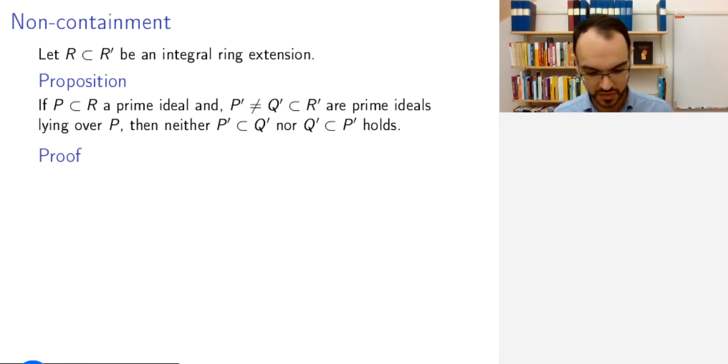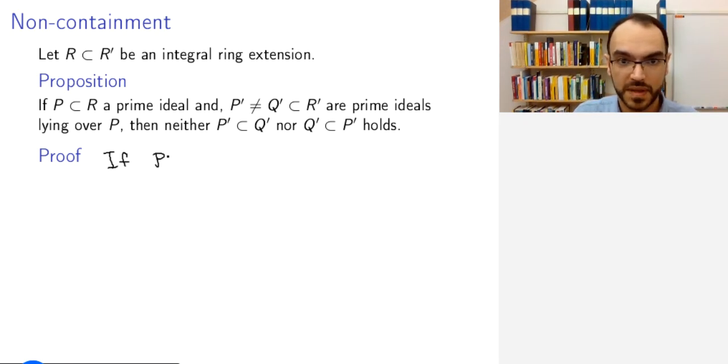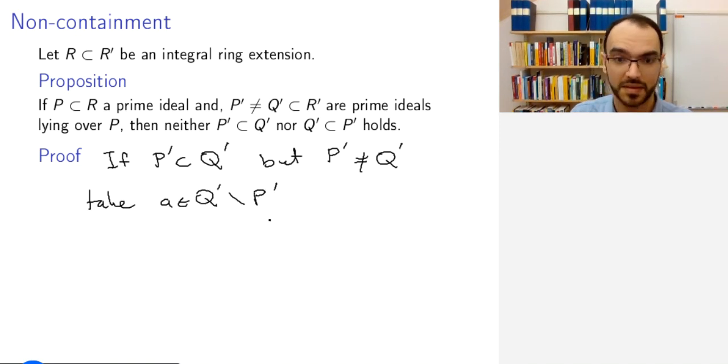So how to prove such a thing? Well, what we will prove is that assume that P prime is included in Q prime, but they are different. And we want to find a contradiction then. So take an element A in Q prime, but not in P prime.